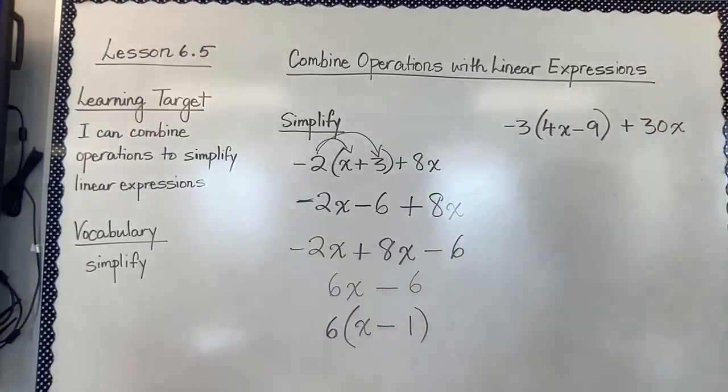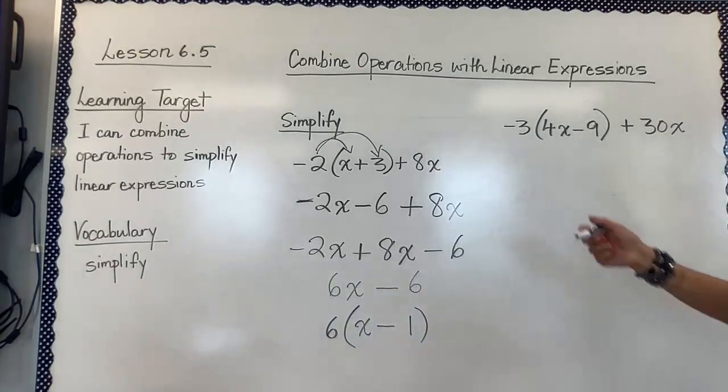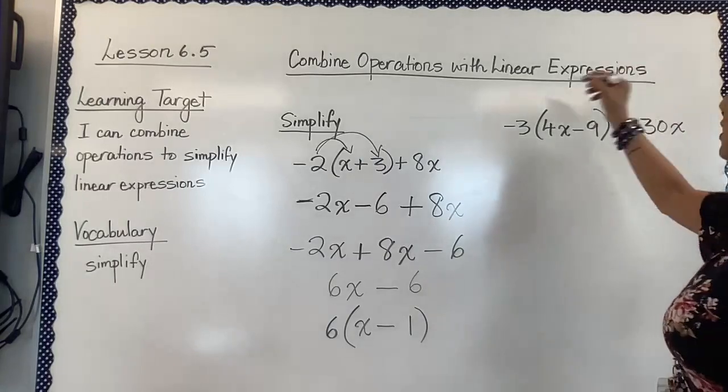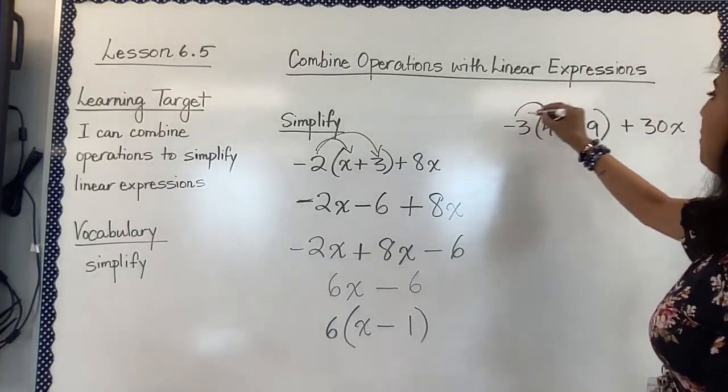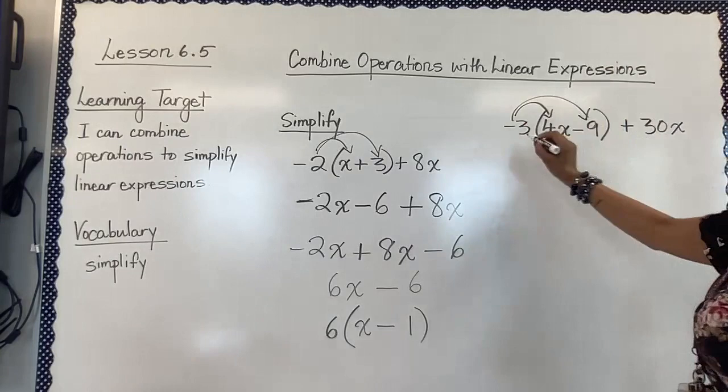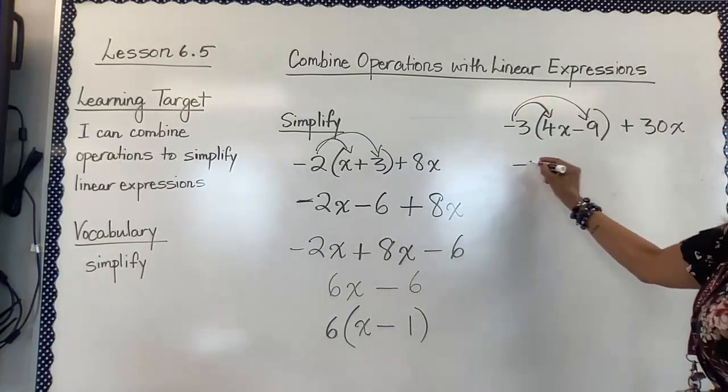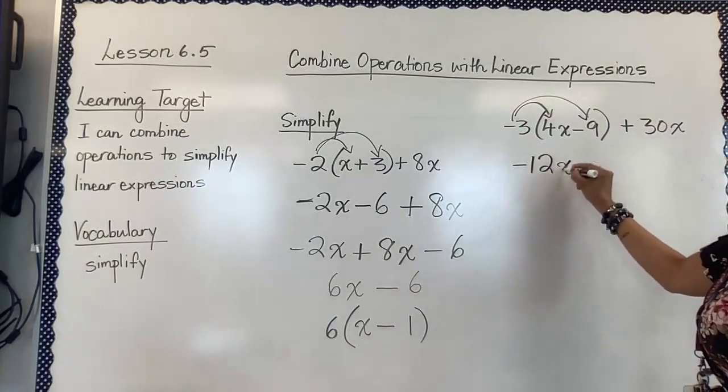All right, let's try another one, which I have put up on the board. Again, it's the same format. I'm going to do the distributive property first. Negative 3 times 4 is negative 12x.